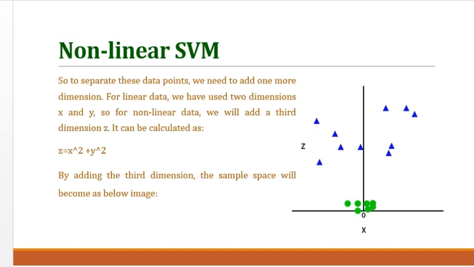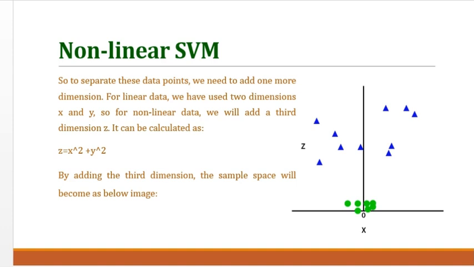Here in this case, to separate the data points, we need to add one more dimension. In linearly separable data, we can have two dimensions, that is x and y. Hence the equation for the linear case is w times x plus y is equal to 0. Whereas in this case, since it cannot be separated by one particular straight line, we need to have one more dimension.